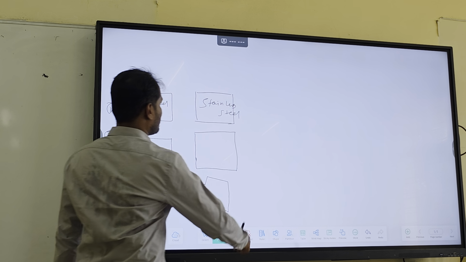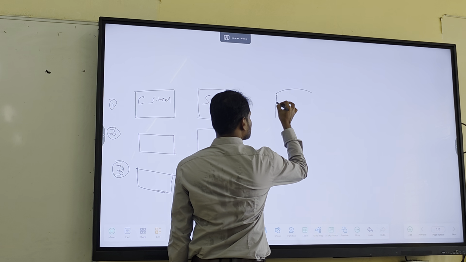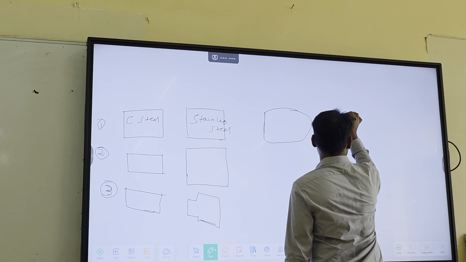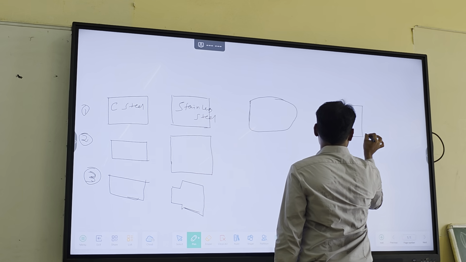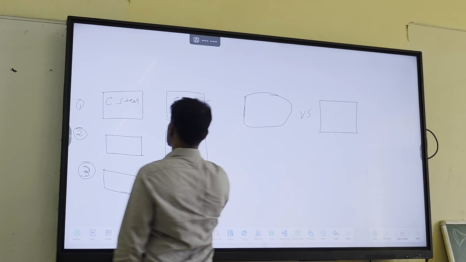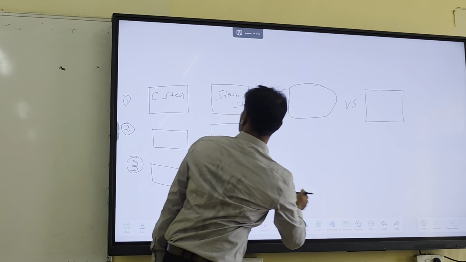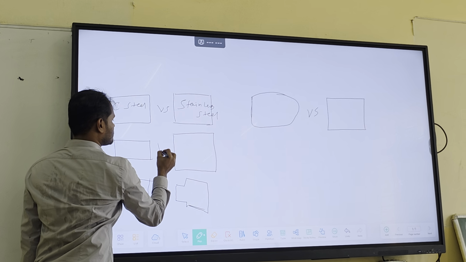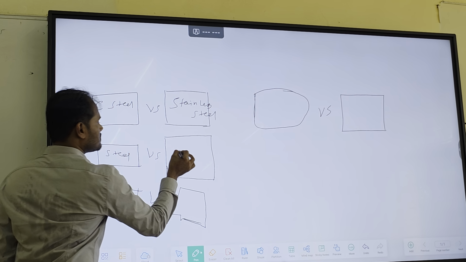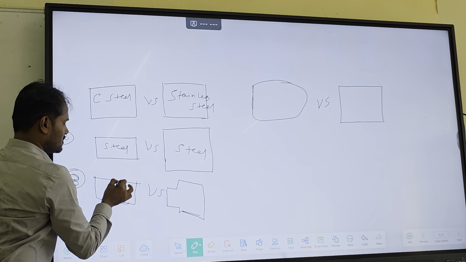Otherwise, there is random diagram can draw. But this versus this. You can understand this one.